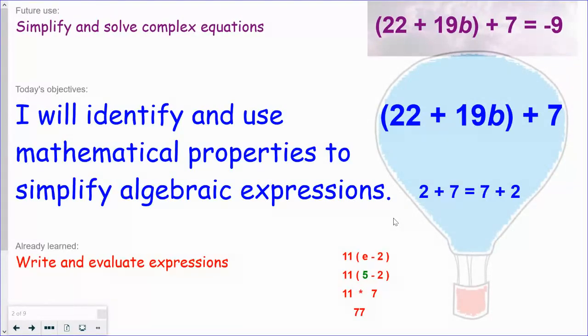We are simplifying those expressions so that when we're given a value for the variable, we can plug it into the expression and evaluate, compute, find our final answer. And the reason why we do this is because next year when you get in 8th grade, you're going to have more complex equations that you're going to have to break down and solve using these properties and combining like terms.